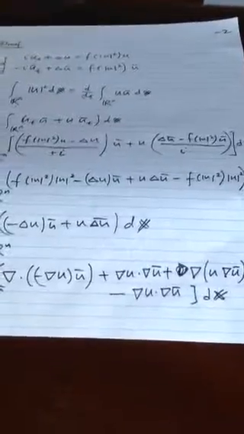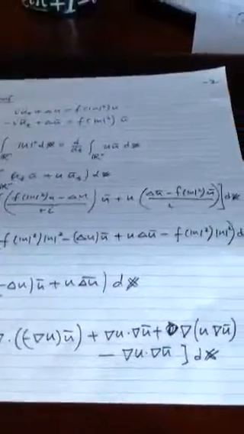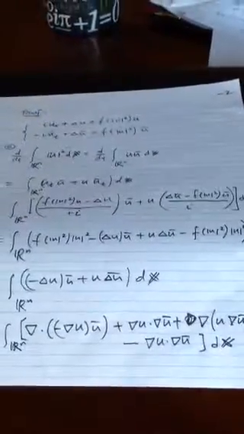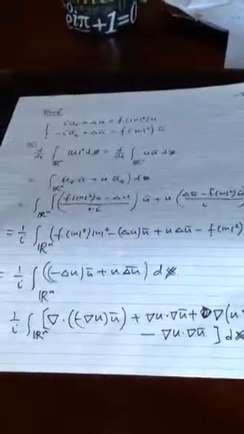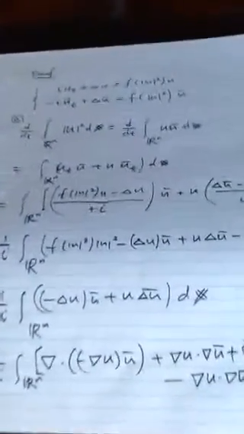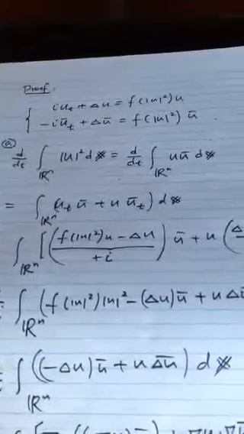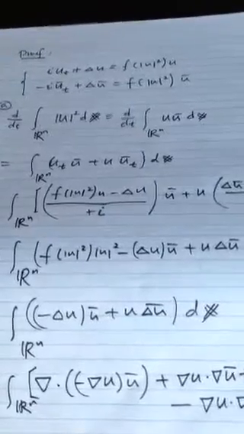And note that the second term and the third term can be cancelled, and therefore you get a complete divergence, and then you use the divergence theorem. You can show that this integral is 0. So the first identity is proved: d/dt of the integral of u squared dx is equal to 0.